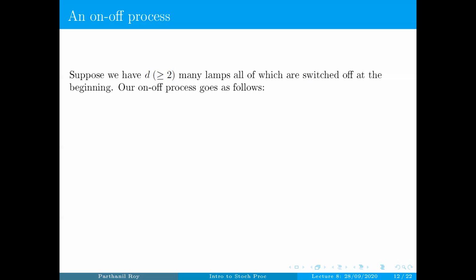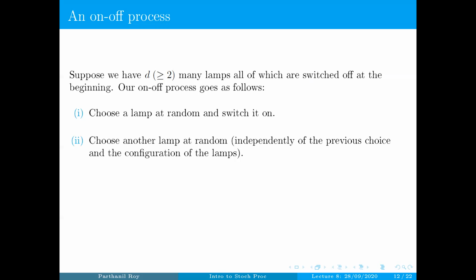So this is how the on-off process goes. Choose a lamp at random and switch it on. So you have D lamps, choose one of them uniformly at random and switch it on. Then choose another lamp at random, independently of the previous choice and also independently of the configuration of the lamps. By configuration, I mean right now you have exactly one lamp on, but you don't know which one.